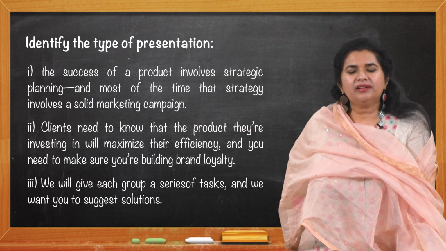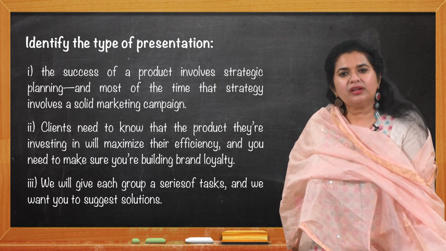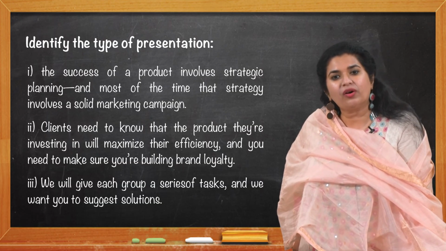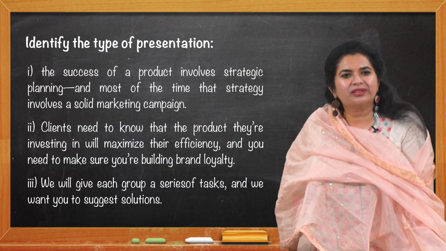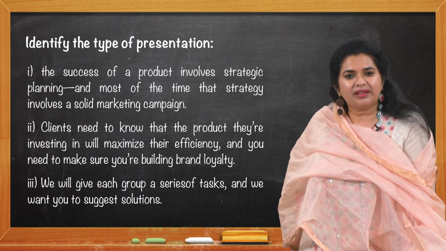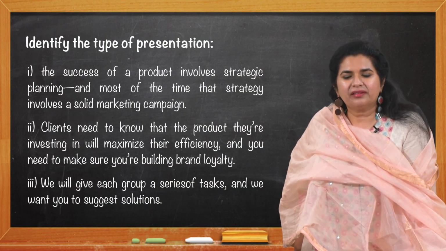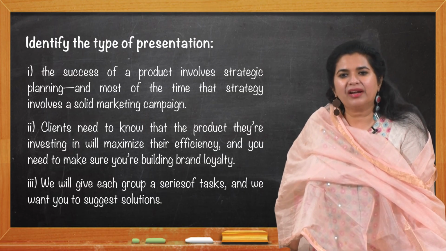Let us identify the types of presentations given here. First one, the success of a product involves strategic planning, and most of the time that strategy involves a solid marketing campaign. When can a company use such a line? Second one, clients need to know that the product they are investing in will maximize their efficiency, and you need to make sure you are building brand loyalty.